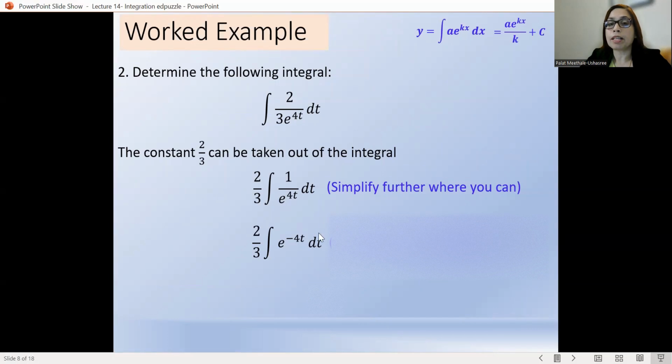So multiply by the coefficient of t, which is minus 4, and divide the whole exponential function by minus 4, as you have here. Yeah, there you go. So now if you differentiate this function, you should get this function back.